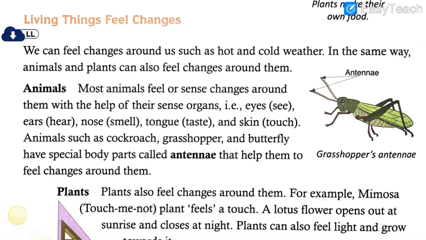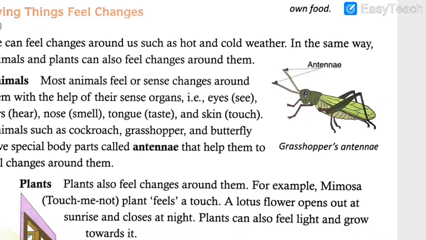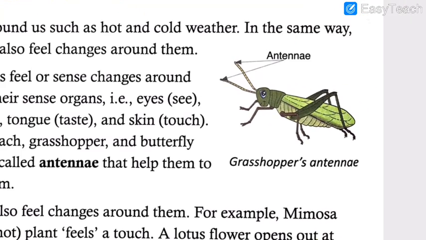Similarly, most animals have the same sense organs, but animals such as the cockroach, grasshopper and butterfly have special body parts called antennae that help them feel the changes around them. I even showed you this picture of a grasshopper in which the antenna is labeled.